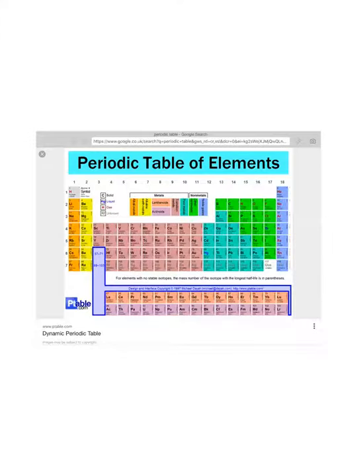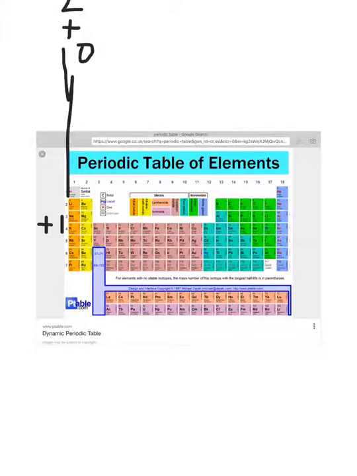So we'll look at how we can use a periodic table now to tell us the different types of ions that are formed. This is easier than it actually looks. So let's have a look. First of all, those in group 1 form +1 ions. Those in group 2 form +2 ions.